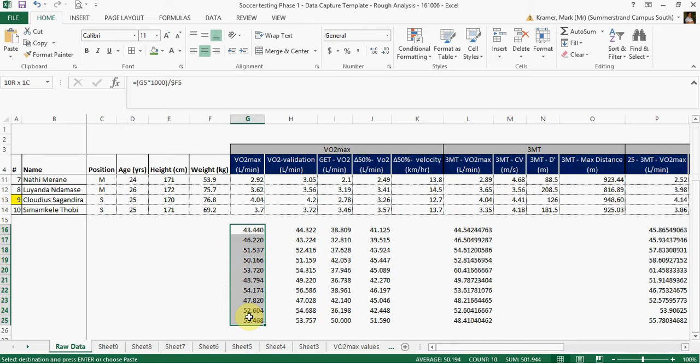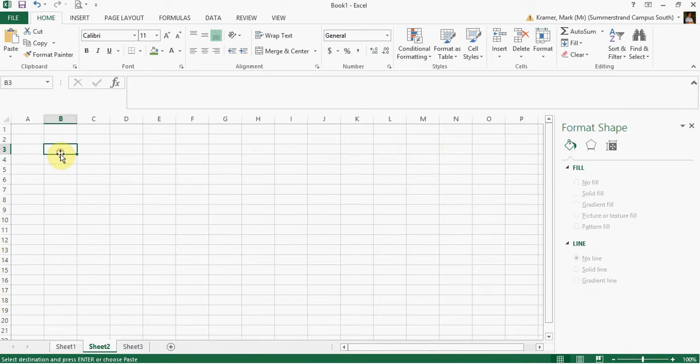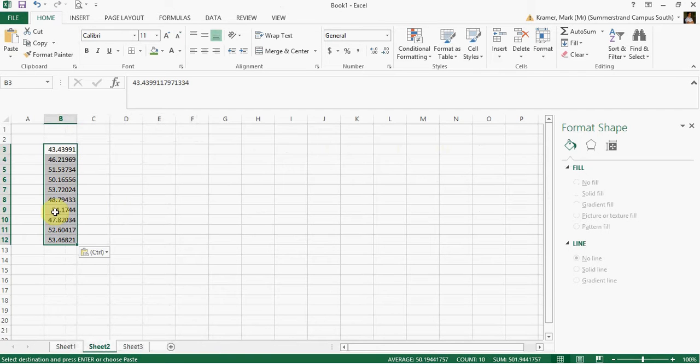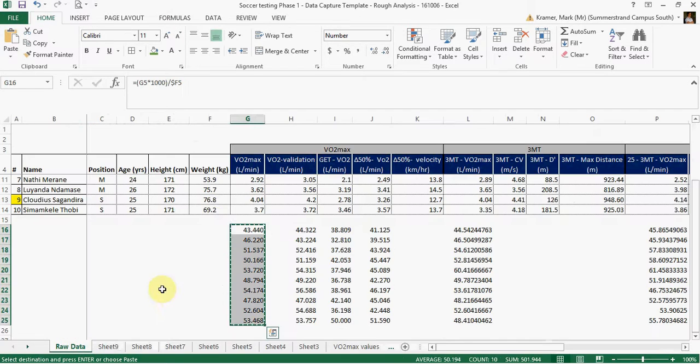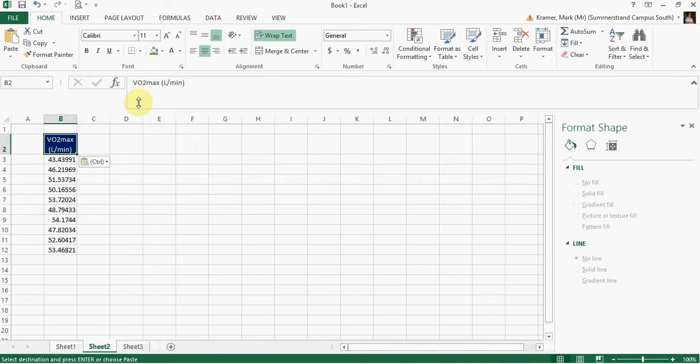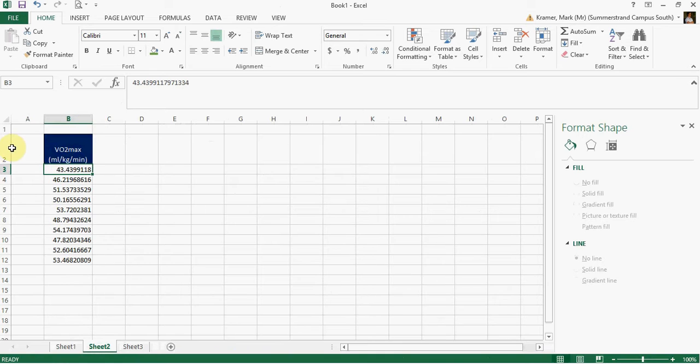So I will copy and paste these into a new sheet. Remember, right click, paste special so you can get the values. Go back, I'm just going to copy this title and paste it in here, but change that to moles per kg per minute. And then I'll just extend this out a little bit. There we go.